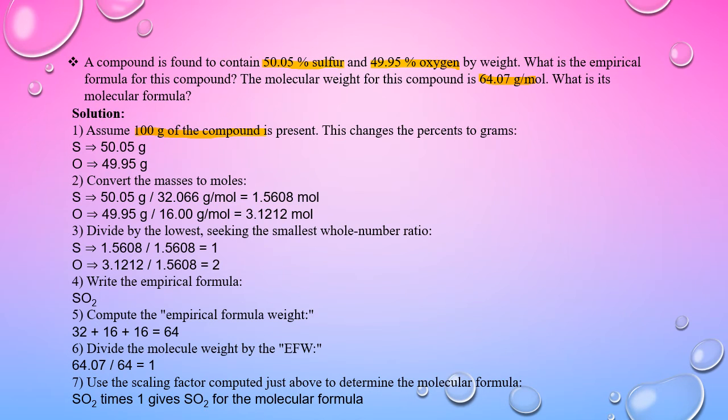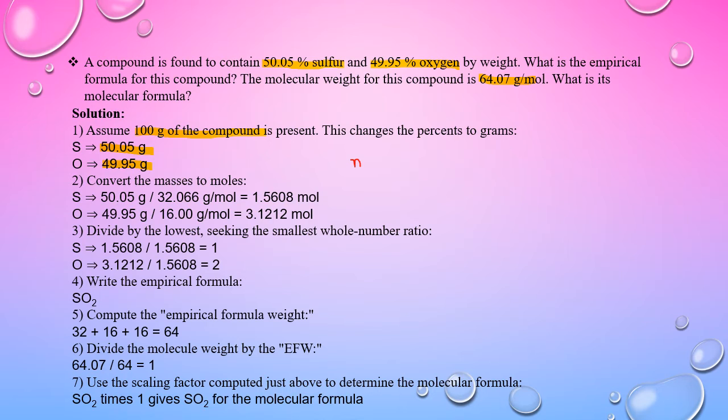So as it is given in percentage, we will assume we have 100 gram of the compound. Now if it is 100 gram, that means sulfur will be 50.05 gram, and oxygen we have 49.95 gram. Now it's easy to convert to the number of moles.